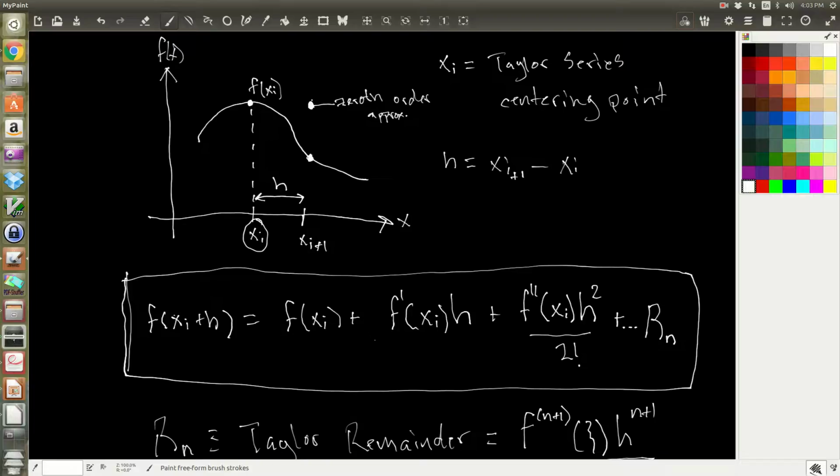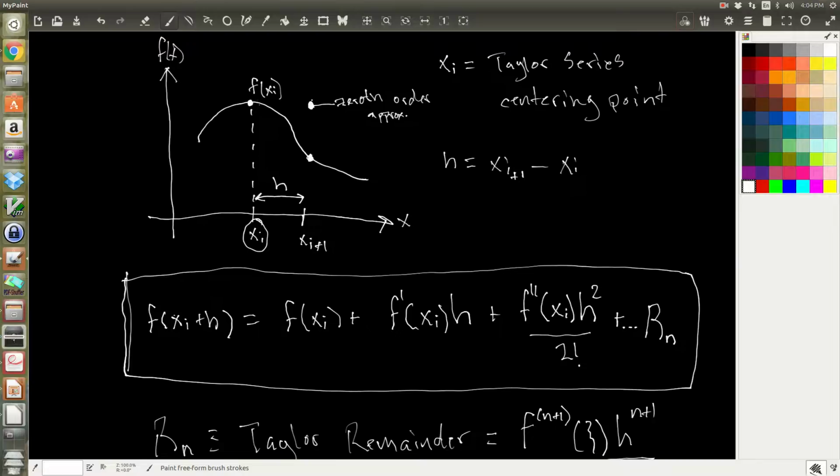Now, if we knew information about this function's derivative, then we could say, is the derivative large or small? And is it positive or negative? Let's assume it's positive, sorry.